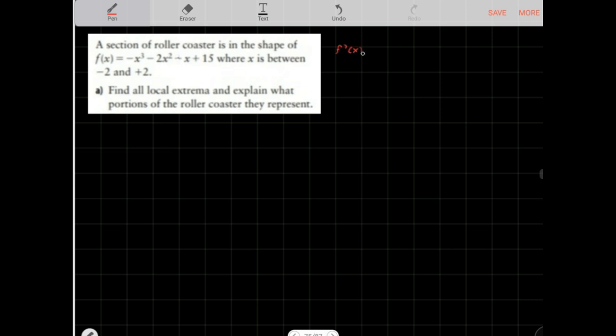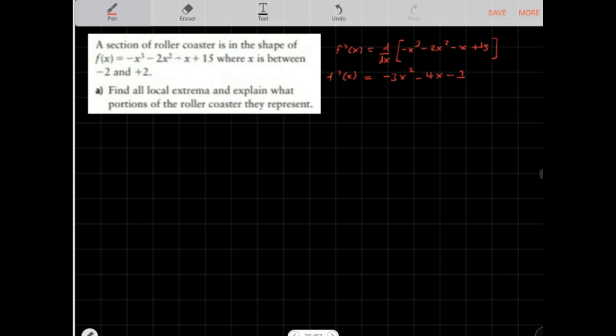So I need to find the first derivative. F prime of x here is basically the derivative of negative x cubed minus 2x squared minus x plus 15. And in this case, f prime of x is equal to negative 3x squared minus 4x minus 1.